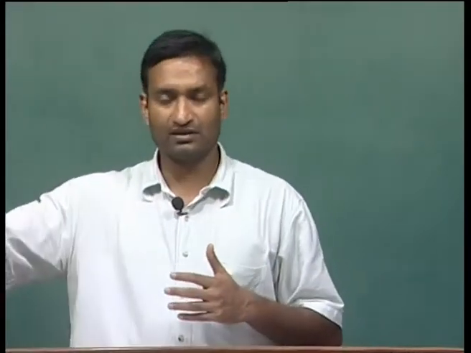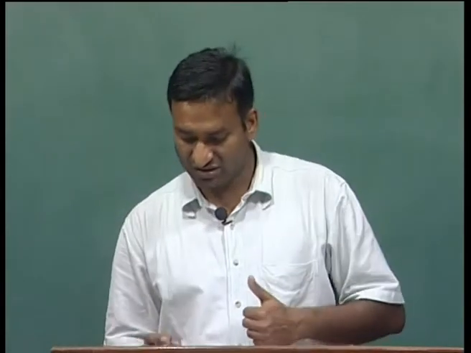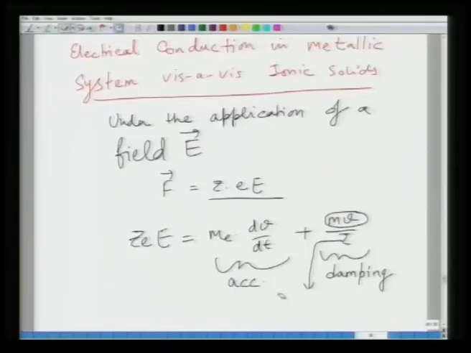So, it travels some distance, then collides, again travels some distance, then again collides. There is an average distance which it travels, and there is an average time between two collisions, and this tau represents that average time, which is called relaxation time. I wrote it as relation time, it is not relation, it is relaxation time.